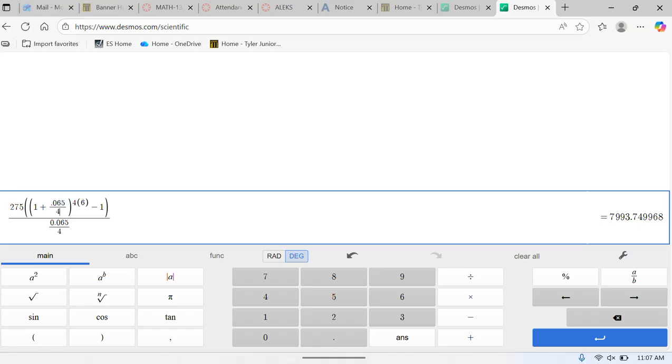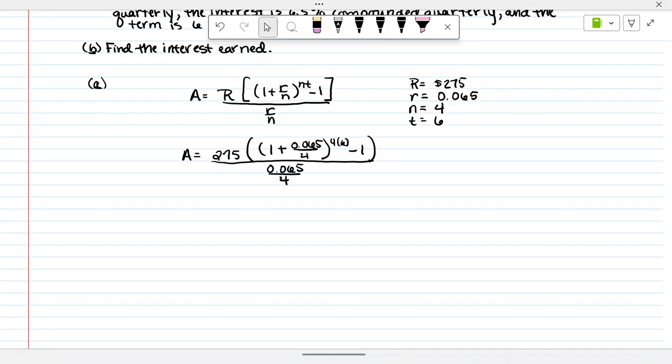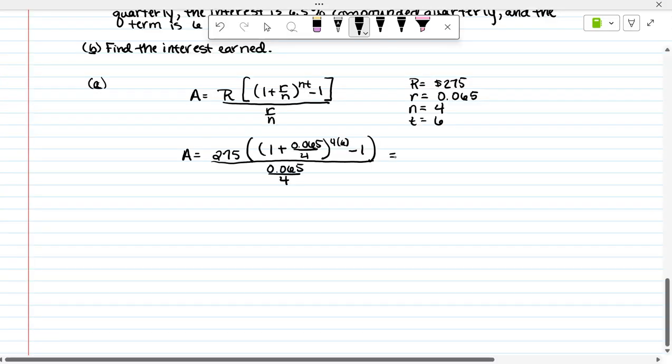Okay. Now, that looks better. At the end of these 6 years, we will have $7,993.75 in our account. That takes care of part A.